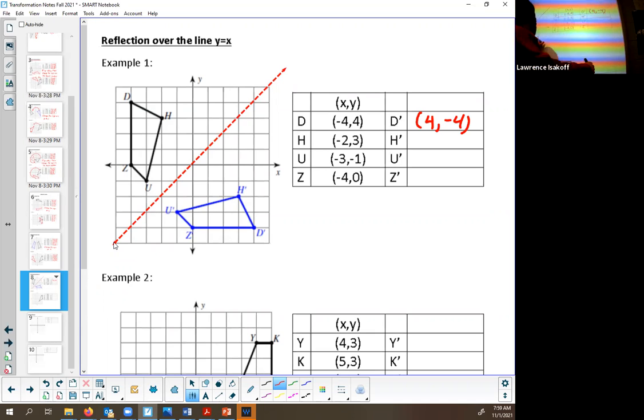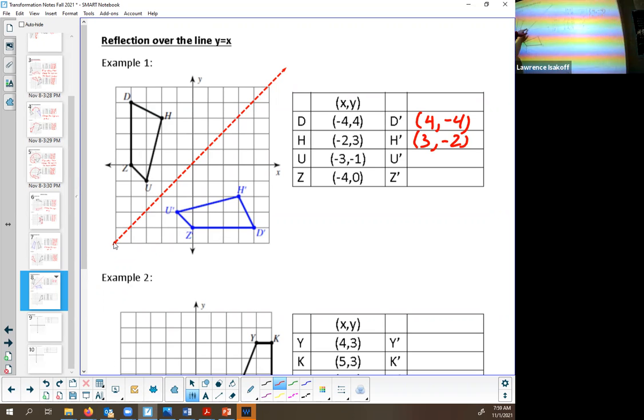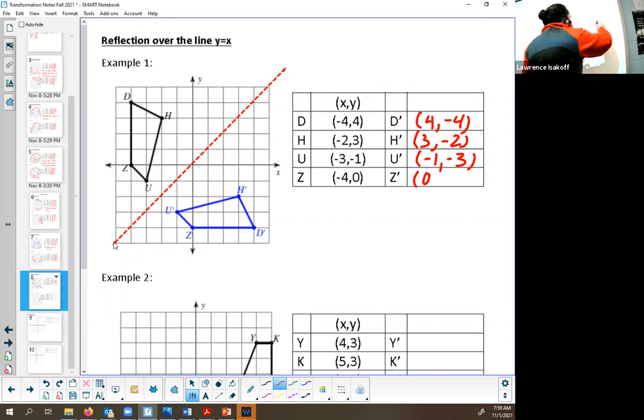H prime is at 3, -2. U is at -1, -3, and U prime is at -3, -1. And then Z was at -4, 0. Z prime is at 0, -4.